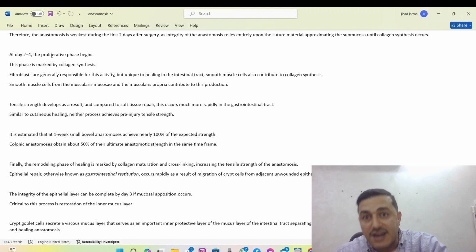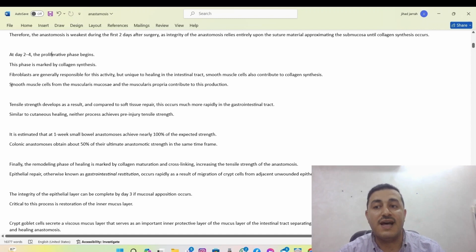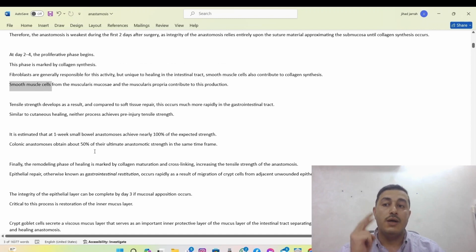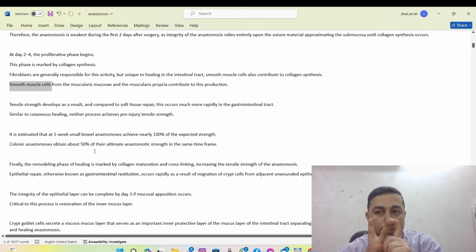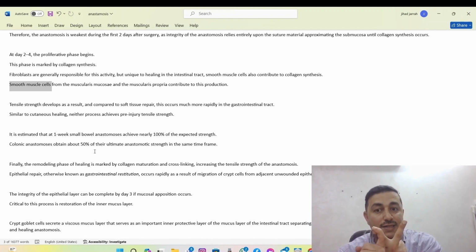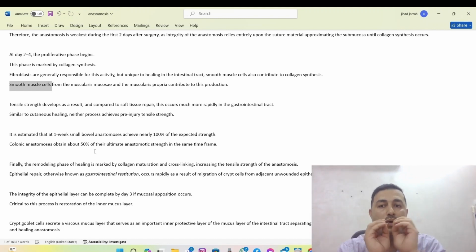In the bowel, we have other cells that produce collagen. These are the smooth muscle cells, and this is unique for the bowel. We have two sources of collagen production, the fibroblast and the smooth muscle, in whichever layer, the muscularis mucosa or muscularis propria, but they produce collagen.